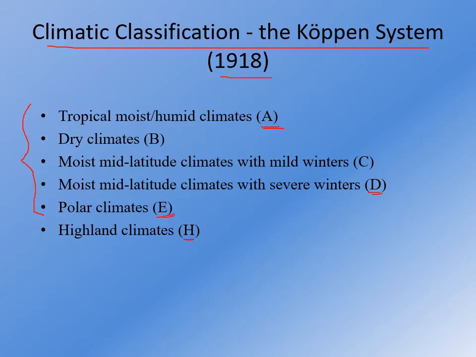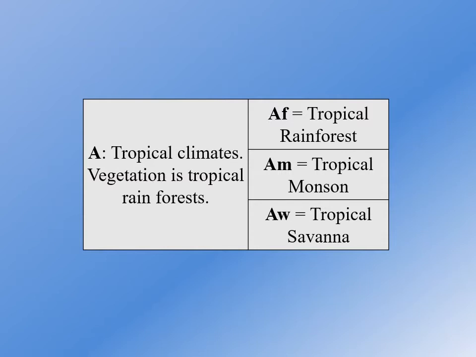Now, for A type, that is the humid tropical climate, the average monthly temperature always exceeds 18 degrees centigrade, and there is almost no winter season.